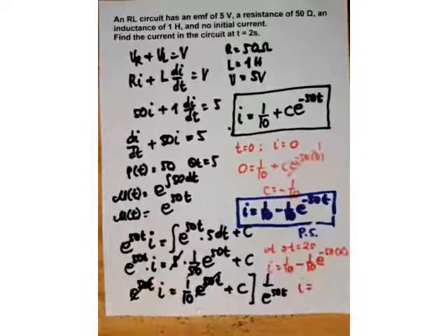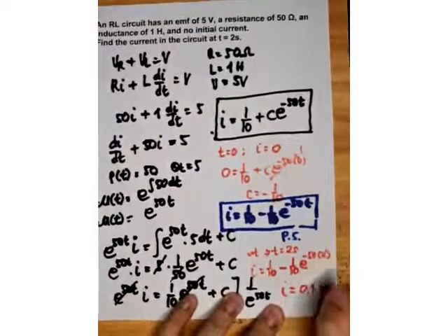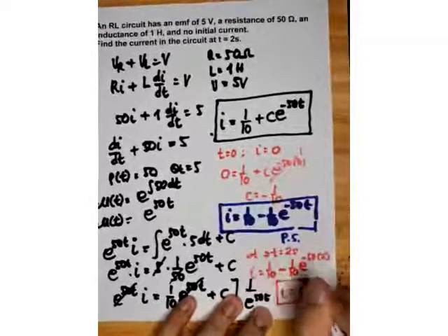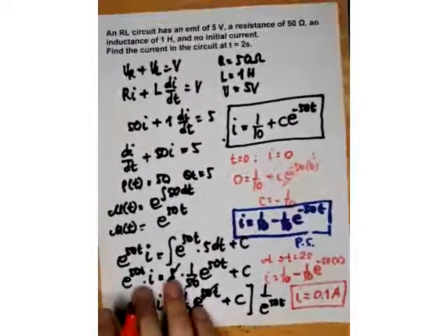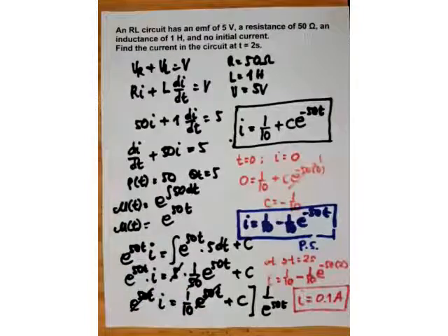So what is the current? Okay, tama ba ako? 0.1? 0.1 ampere. Current is 0.1 ampere.